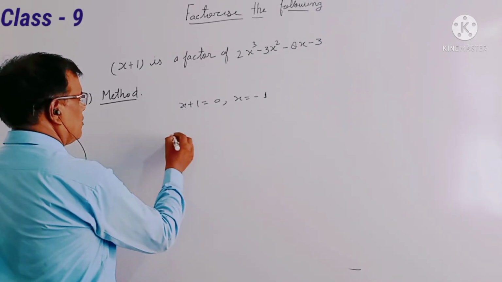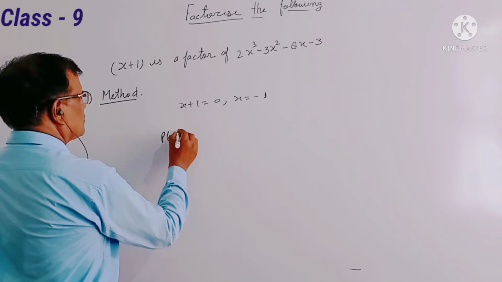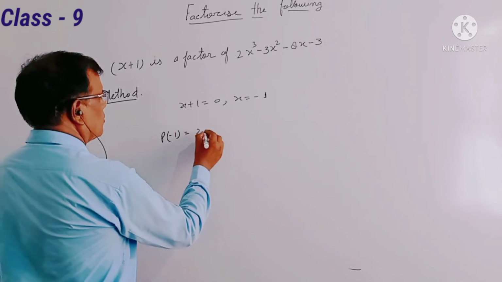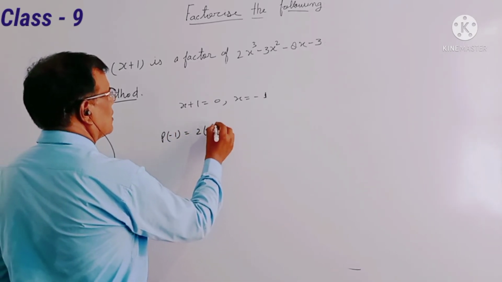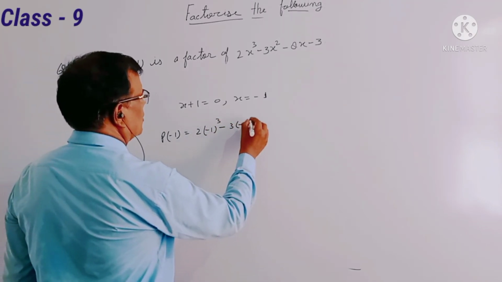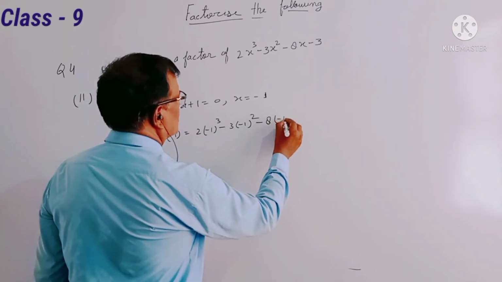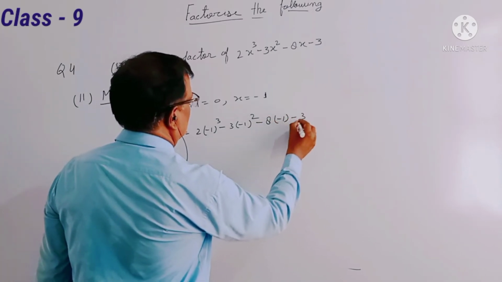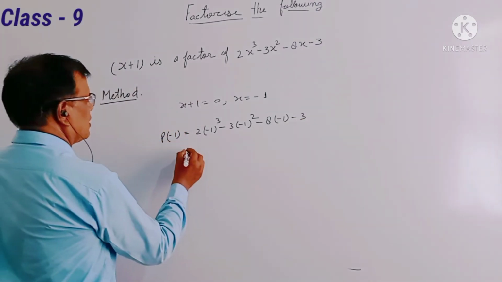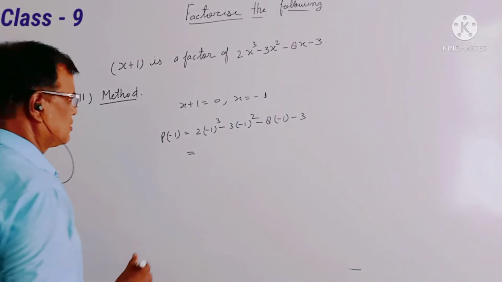Put the value in this, so we can write p(minus 1) equal to 2 into minus 1 whole cube minus 3 into minus 1 whole square minus 8 into minus 1 minus 3. If it becomes 0, then it is satisfying the given p(x).